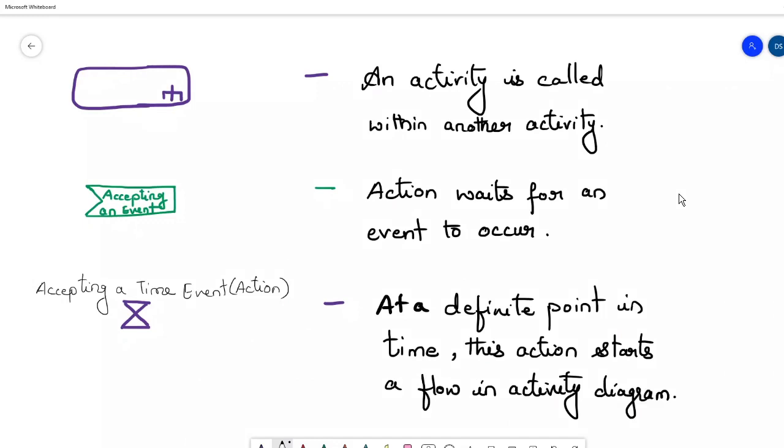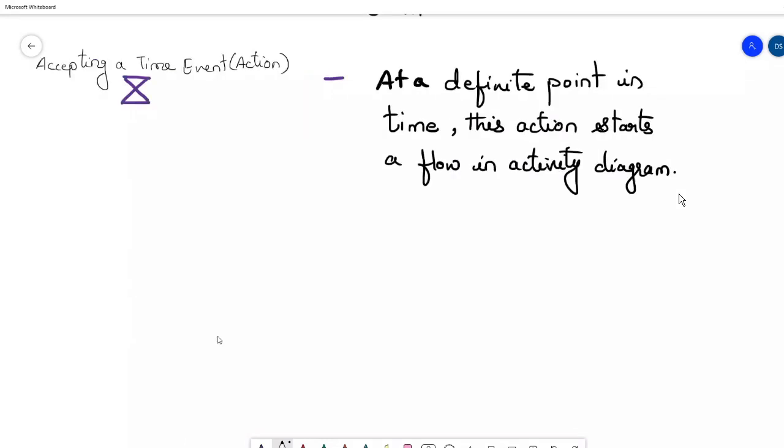Okay, so this hourglass symbol can be used to show accepting a time event which gets started or gets ended when the action has been performed. For example, if we are talking about some activity diagram, at the month end, the interest would be credited in your account. So this symbol can be used to show the end of month occurred. Okay, that particular point in time action.